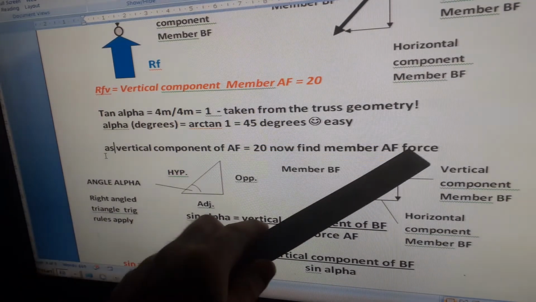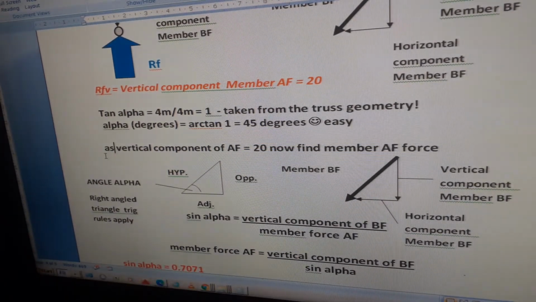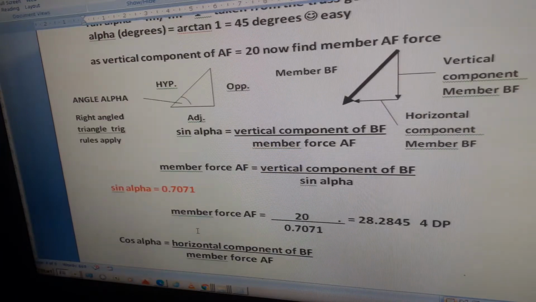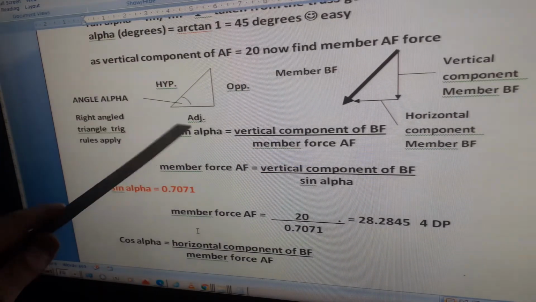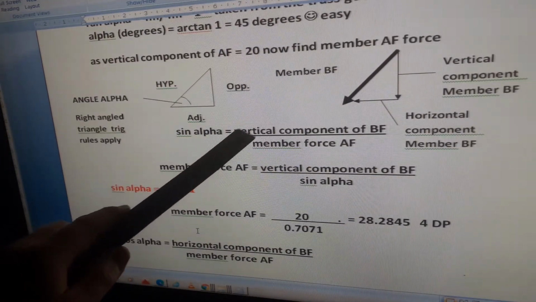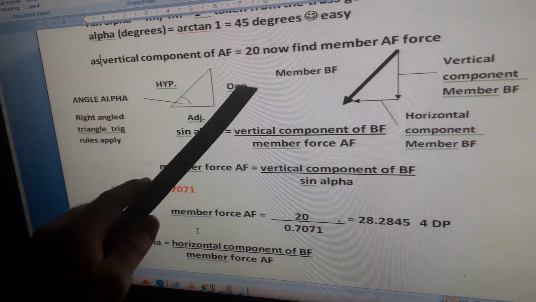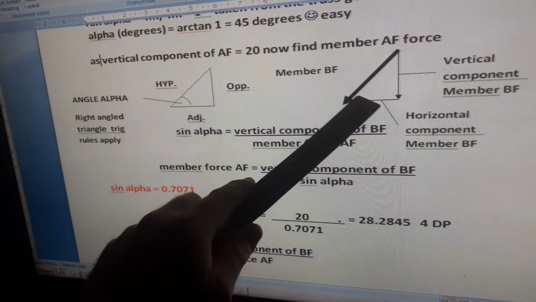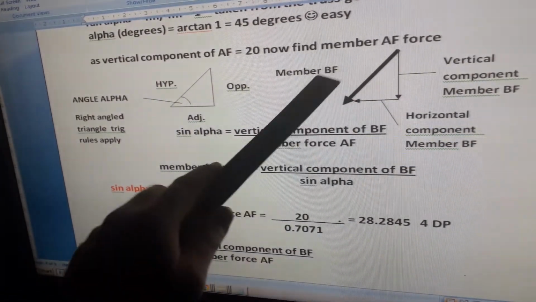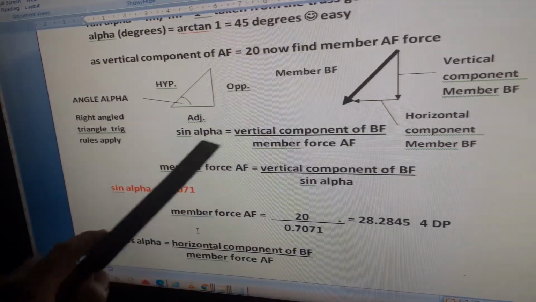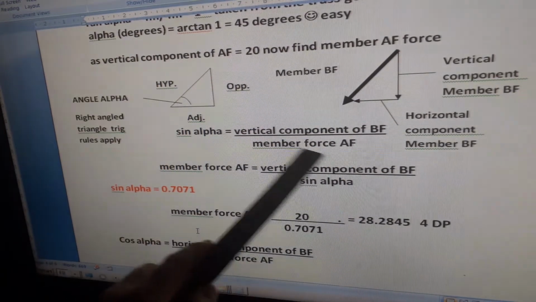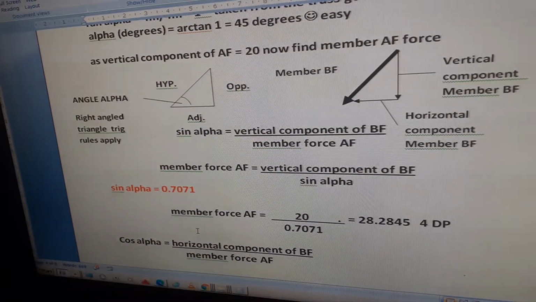Now find the member force BF. Sine alpha equals opposite over hypotenuse. Sine alpha equals the vertical component of BF over member force BF. Sorry, that should be BF.